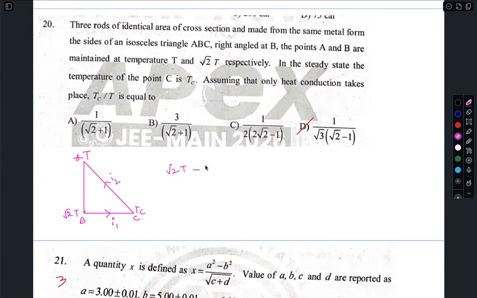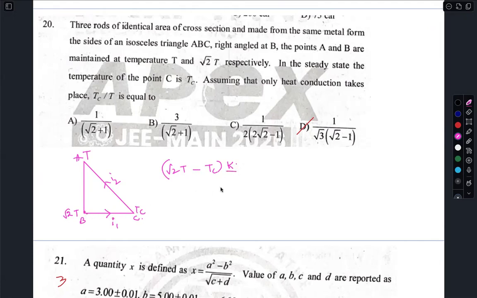Root 2 T minus TC, temperature difference, into K. Material is the same, K. Area of material is the same, divided by length.